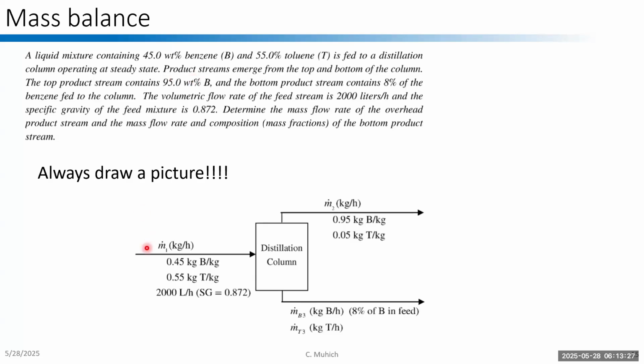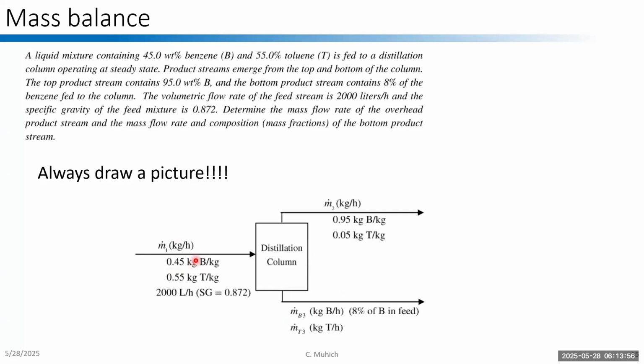So I have my mass 1, which is entering my distillation column. I have this top product stream, right? So I'm going to call this mass flow rate 2. I have some that's leaving out of the bottom that we'll call our mass flow rate 3. I know additional information about the system, so I'm going to label this in my picture so that all the information is in my diagram.